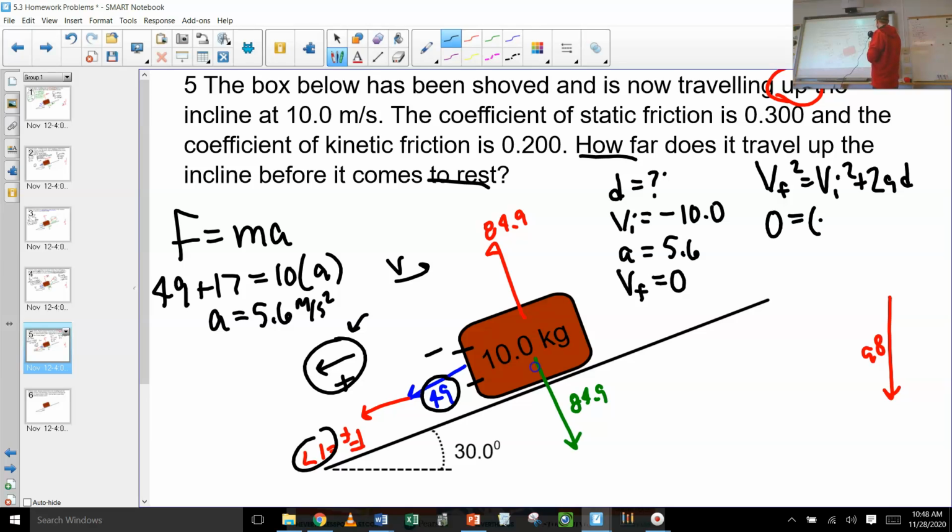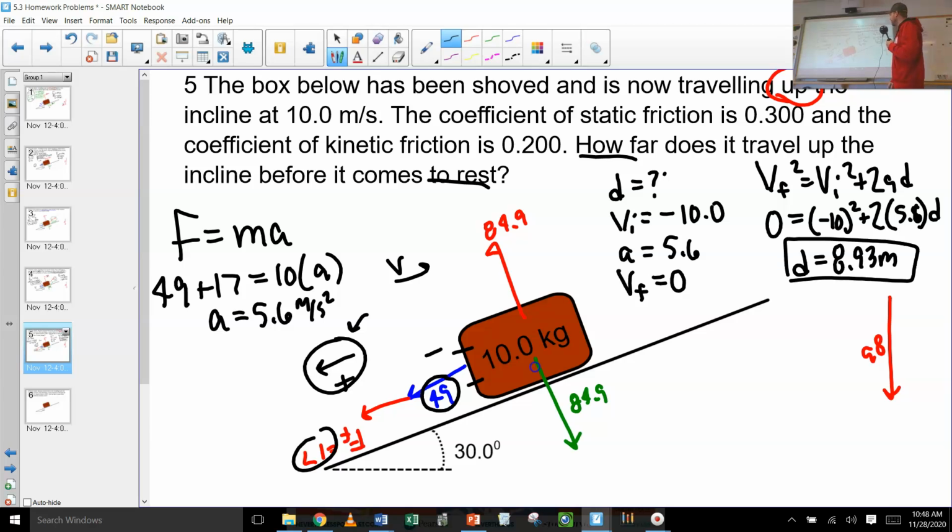Initial velocity, negative 10 squared plus 2 times my acceleration, 5.6 times D. So 100 divided by 11.2 is 8.93. That's how far she goes.